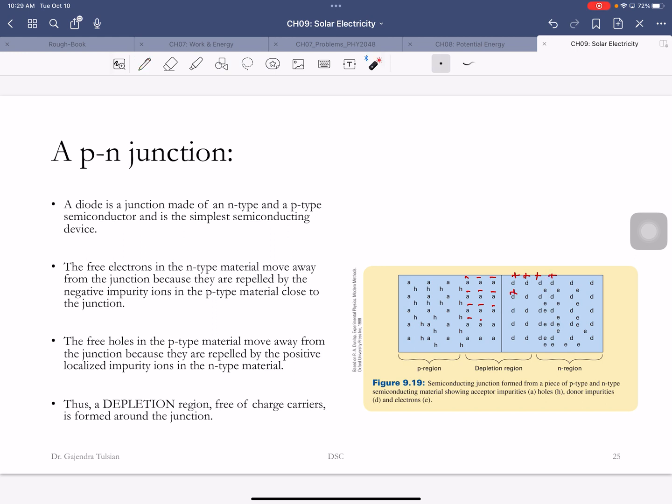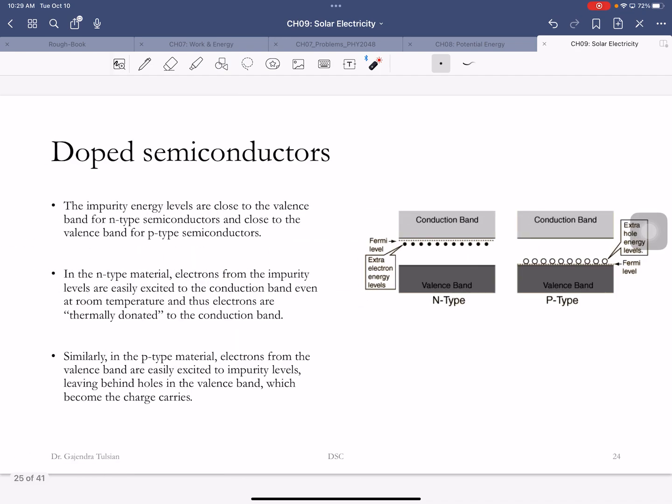So this is a P region, this is an N region, and that's why it's called a PN junction. You created a PN junction here. These guys are negatively charged, and so they have repelled all the electrons, the carriers there. These guys are positively charged, holes are the carriers here, and they've repelled all the holes there. So here's a region where there are no free electrons or holes.